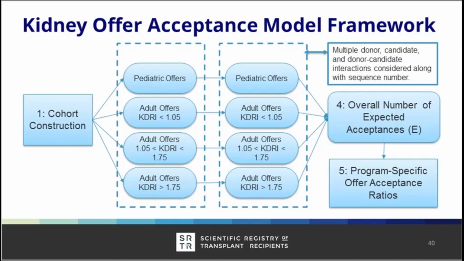This is how we do it for kidneys. So we split it into pediatric offers and then the low, mid, and high KDRI donors. And we build individual models within those groups of donors. And then we combine the results from all of that to derive an expected acceptance number for your program. And that allows us to then derive those offer acceptance ratios for the program.